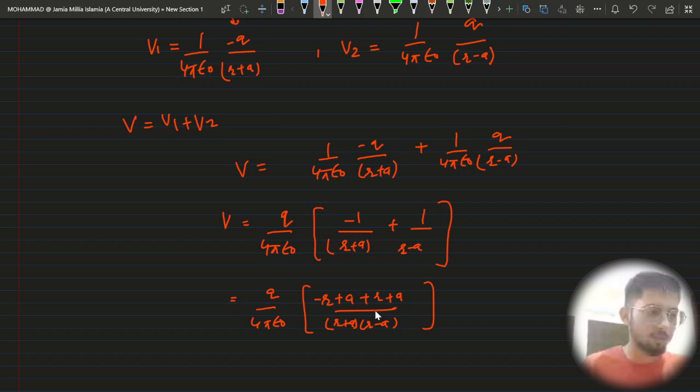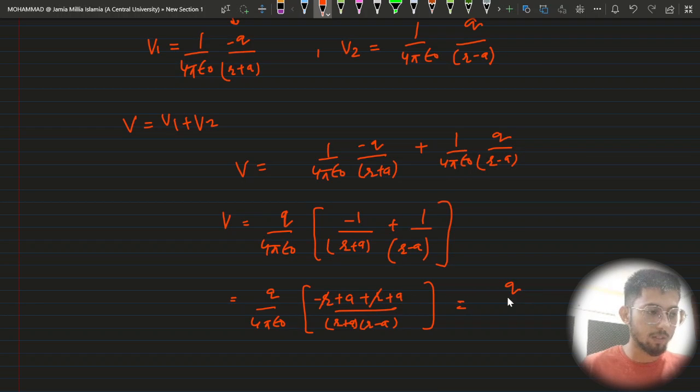So what you will get in the numerator? Just 2a, because r gets cancelled.